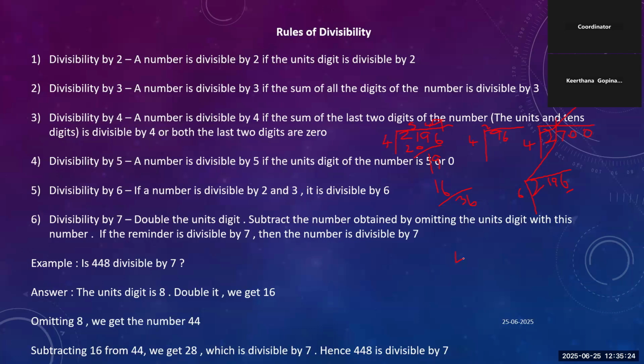Do that manually. 448 by 7. 64, sir. 7 9s are 63.